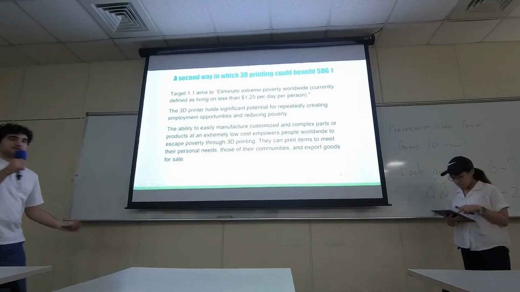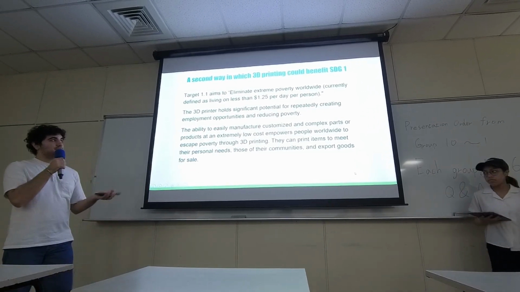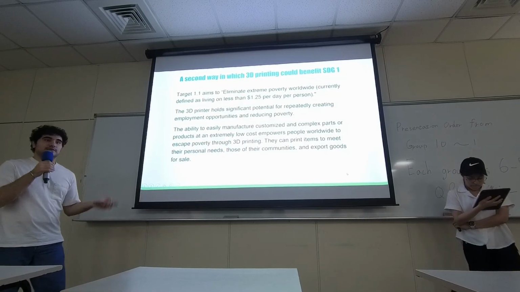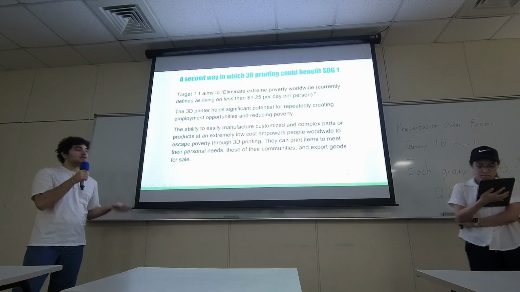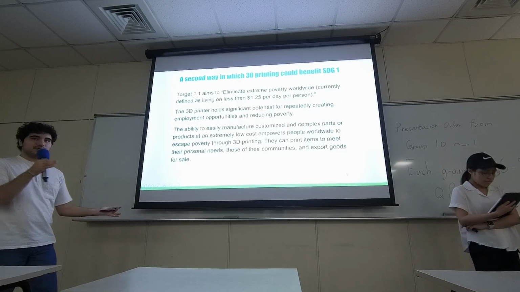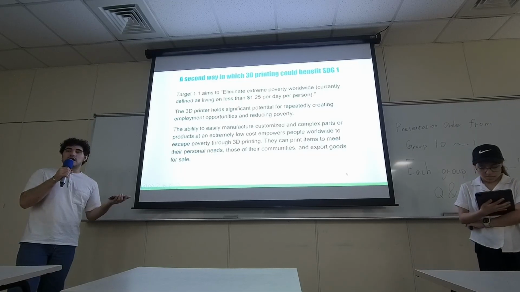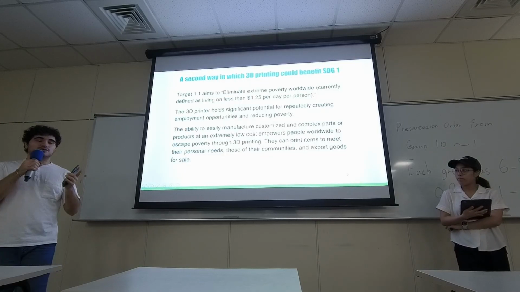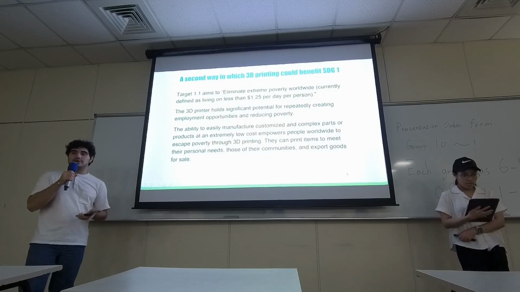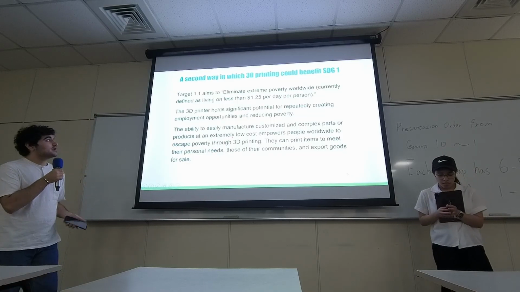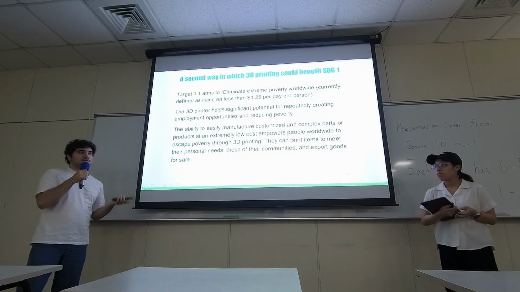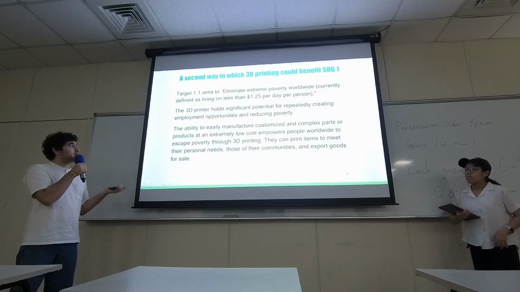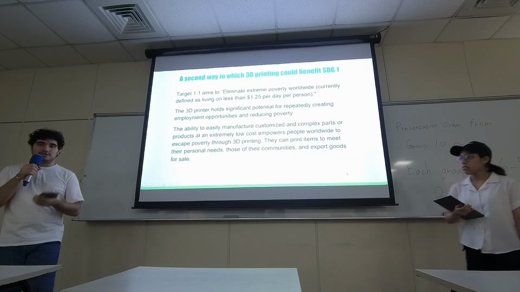A second way in which 3D printing can benefit SDG 1 is related to target 1.1, which aims to eliminate extreme poverty everywhere. What is extreme poverty? Currently, it's defined as living on less than 1.25 US dollars per person per day. 3D printing holds significant potential for creating job and employment opportunities and reducing poverty.